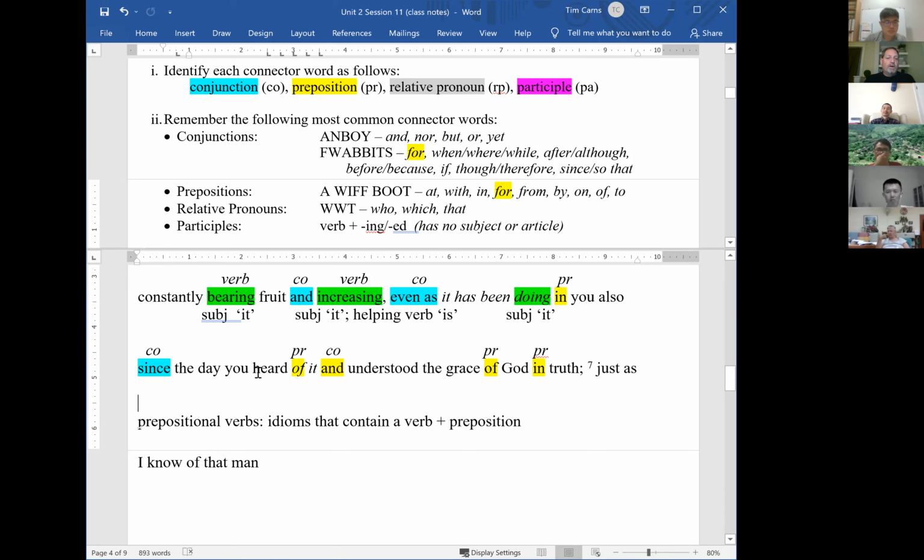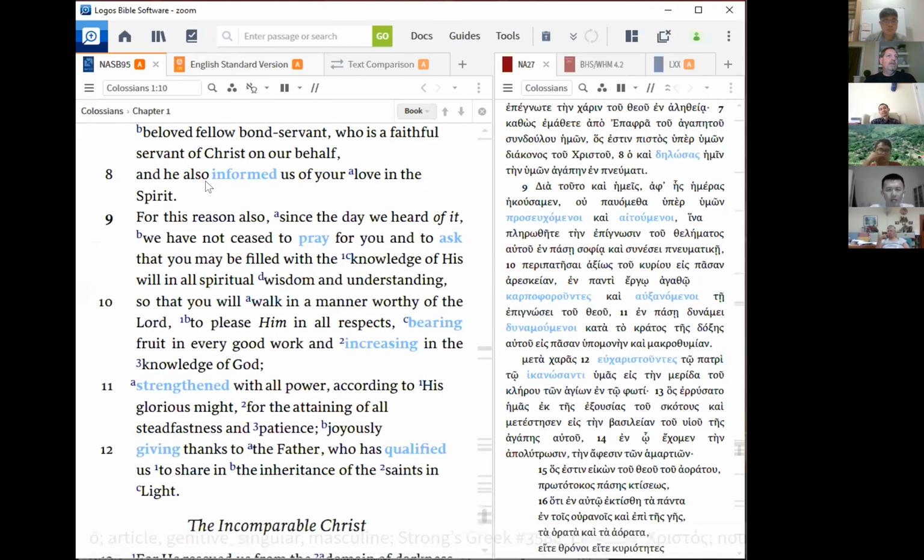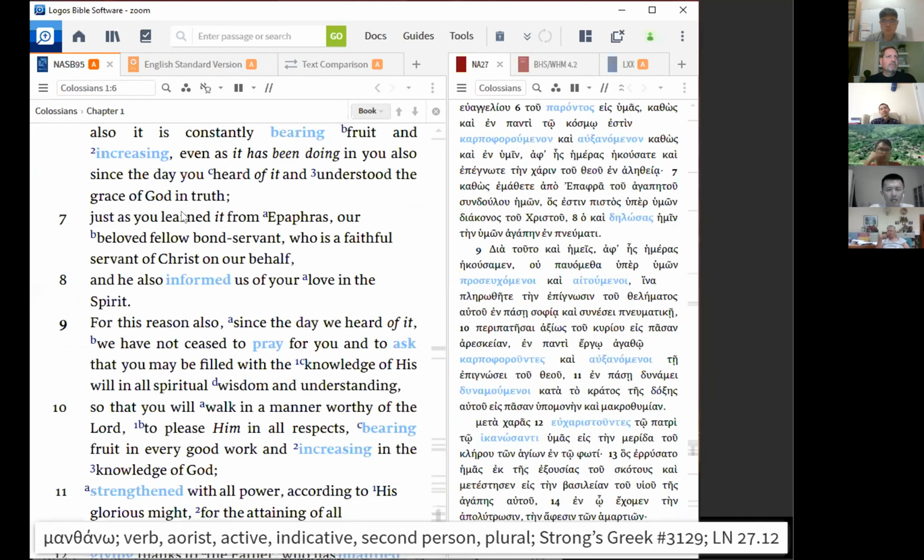But I'm just making you aware there are words in English like this. Now, what I've noticed is the ESV translation doesn't use these prepositional verbs, these idioms. Let's look and see how the ESV translated this verse. Verse 6.